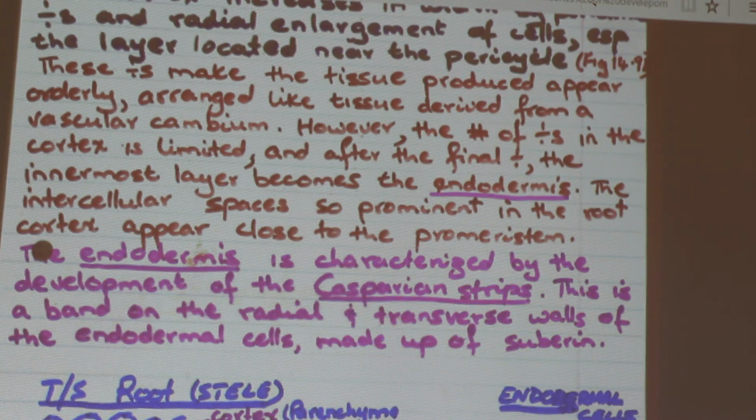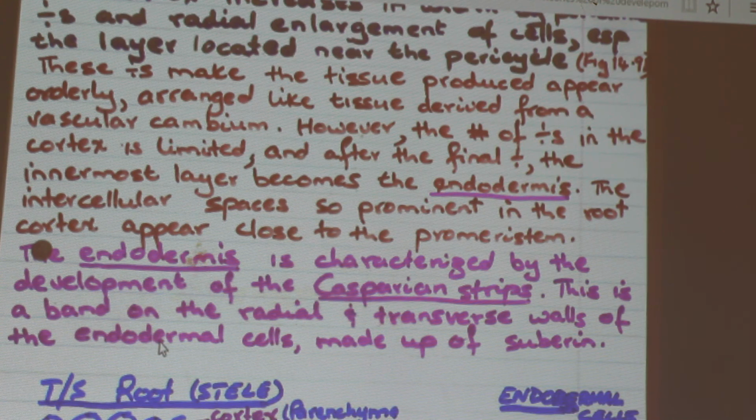Why should we have this strip? This strip is to force water not to go in between cells, but to go through cells. Okay. However, there are exceptions where you find that the endodermis doesn't have the Casparian strip.